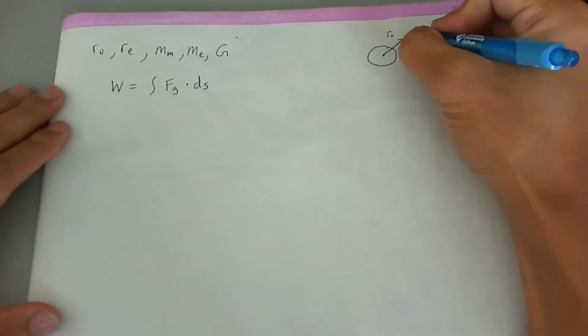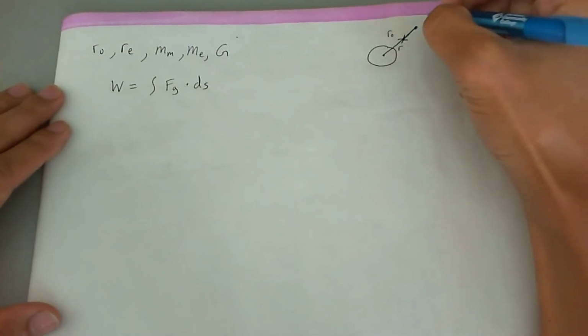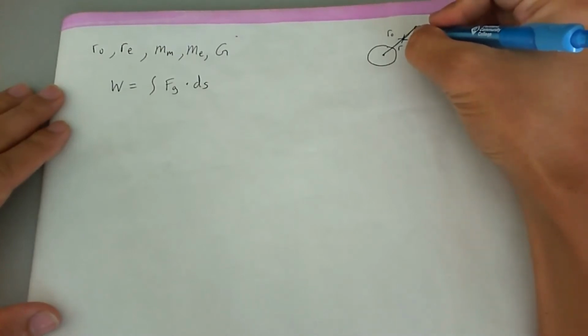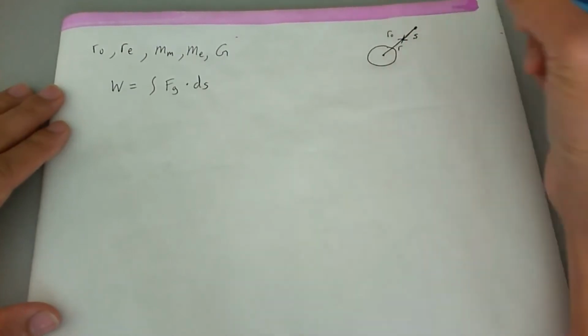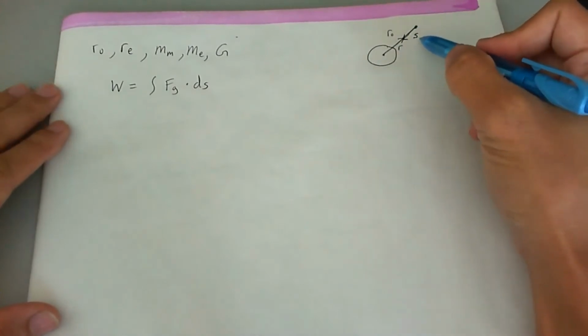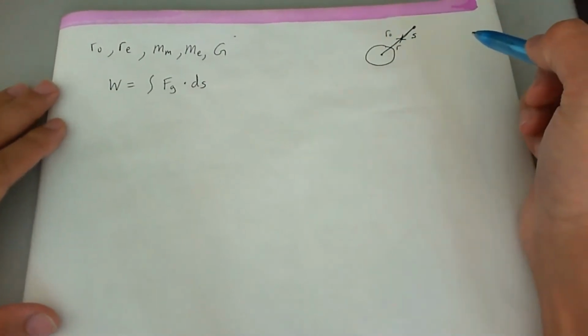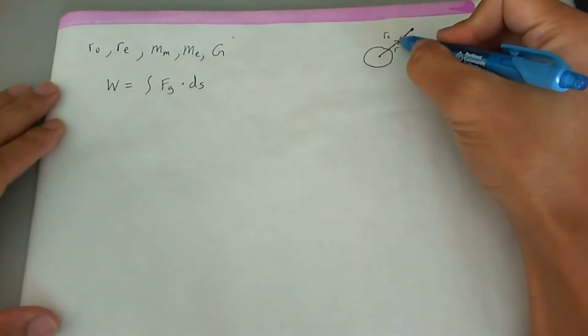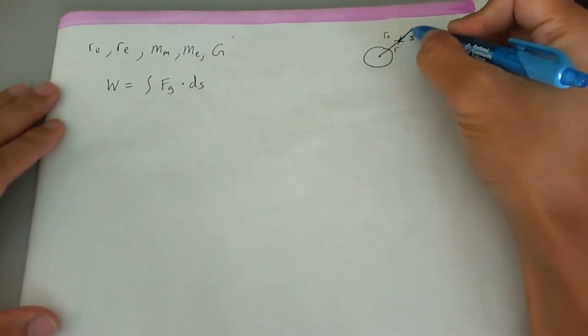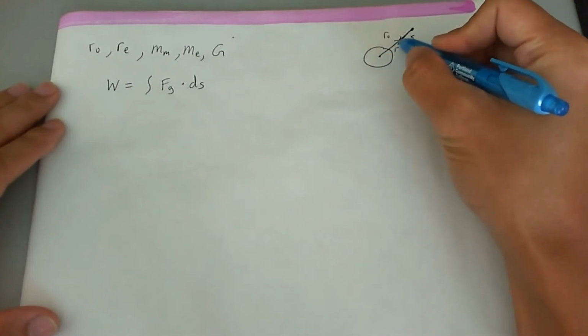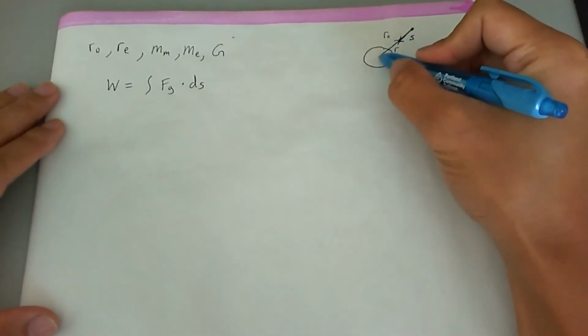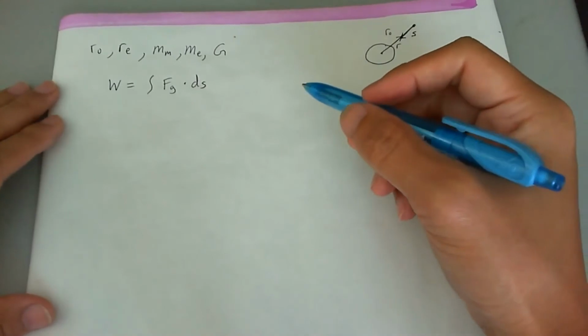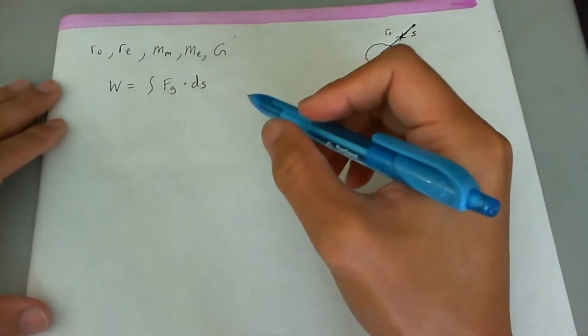And at the same time, that placement of the meteor in terms of the distance that it travels can be considered S. So you could say that R plus S is equal to R naught. S is the distance that the meteor will travel from its initial position. And R is the distance the meteor is from the center of the Earth. And this is just going to be useful based on the equations that I use.